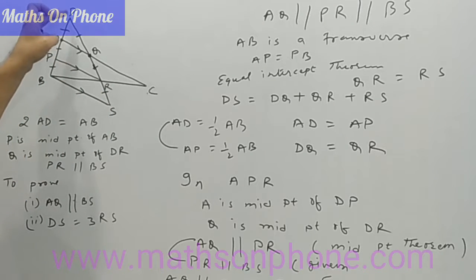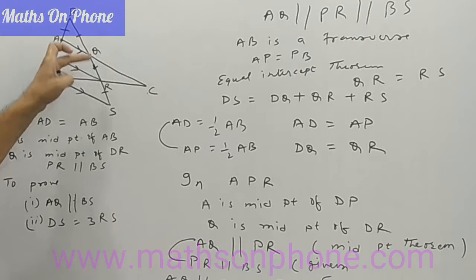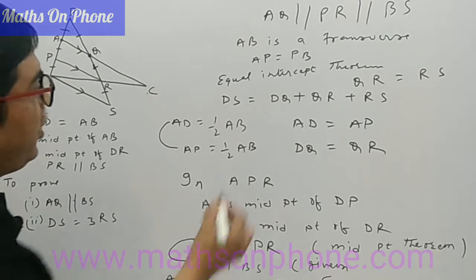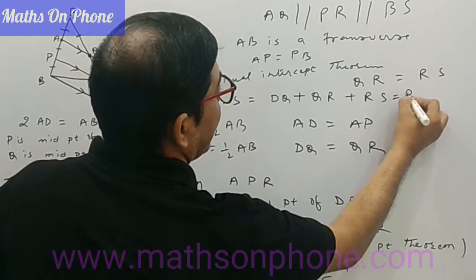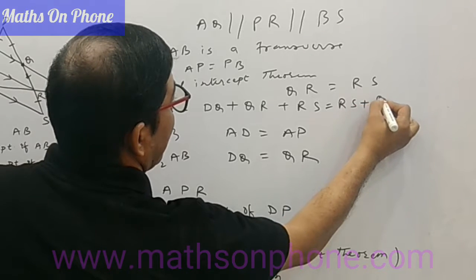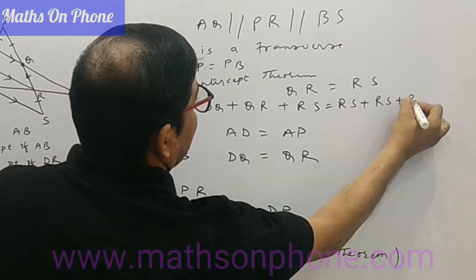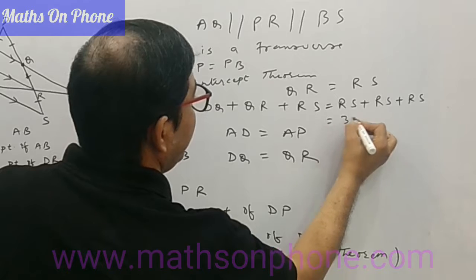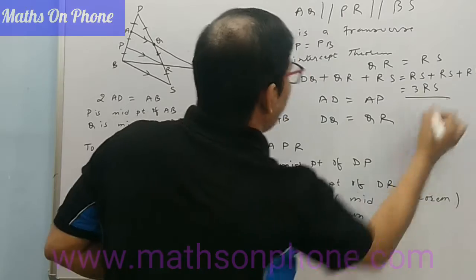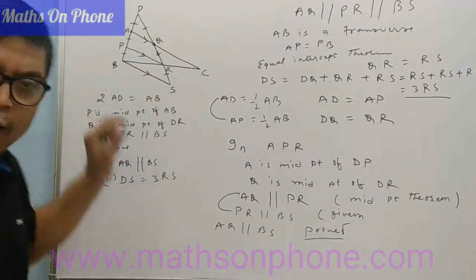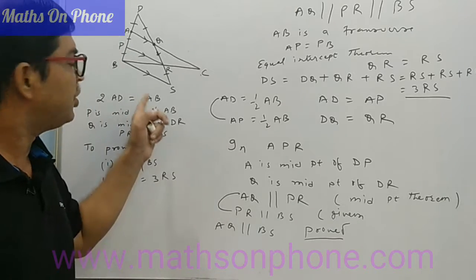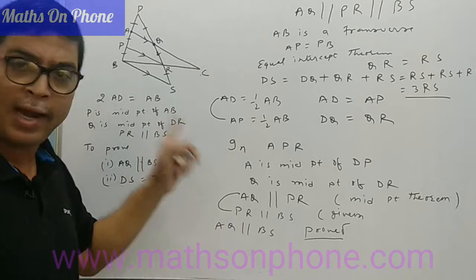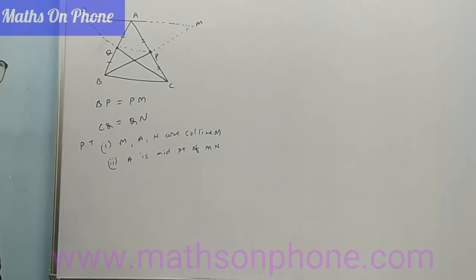So we can say DQ is equal to RS, QR also equal to RS. For DQ, if I just write RS, QR also equal to RS and RS. So what is that? 3RS. So we proved the second thing also by proper application of midpoint and intercept theorem.